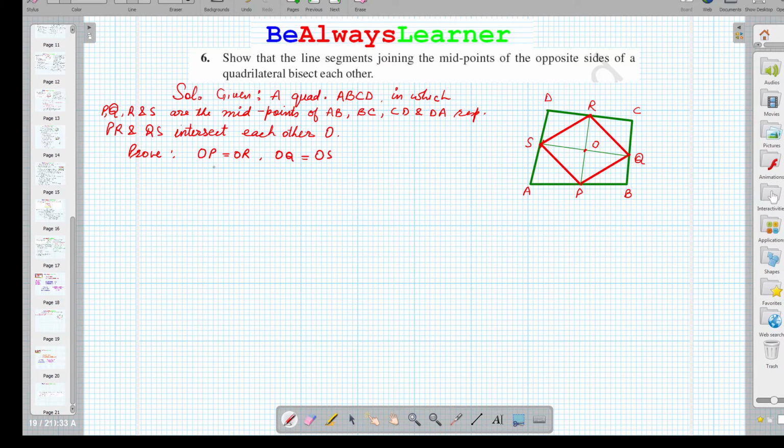तो यहां तक हमने क्वेश्चन को अंडरस्टैंड किया। नाउ टू सॉल्व इट वी हैव टू कंस्ट्रक्ट by joining with the green line the PQ, not PQ, AC and BD.